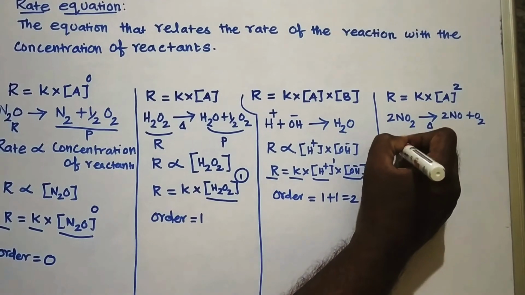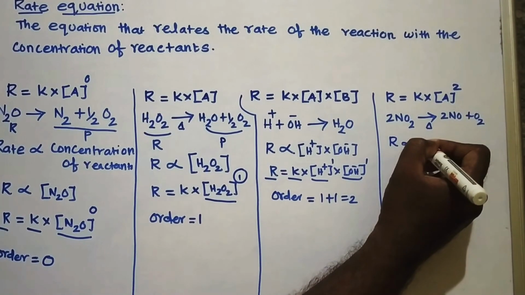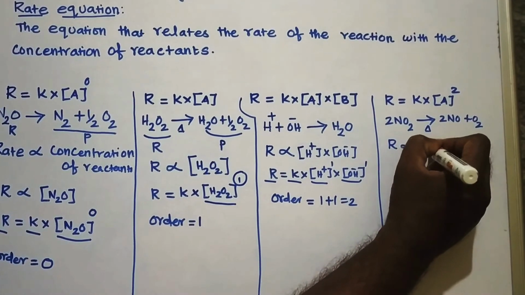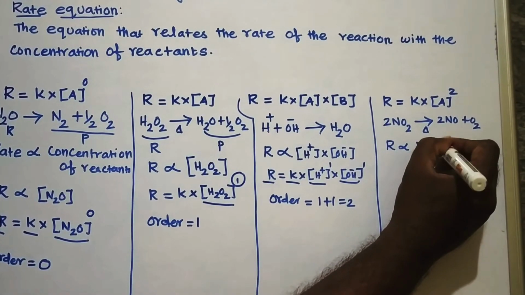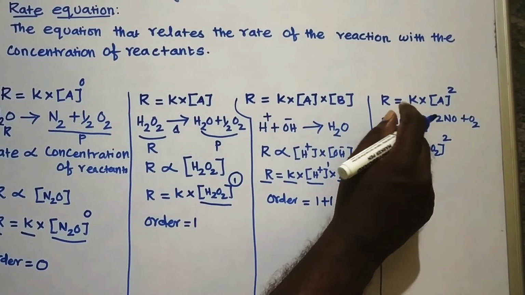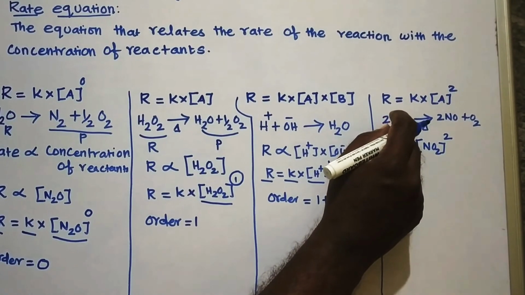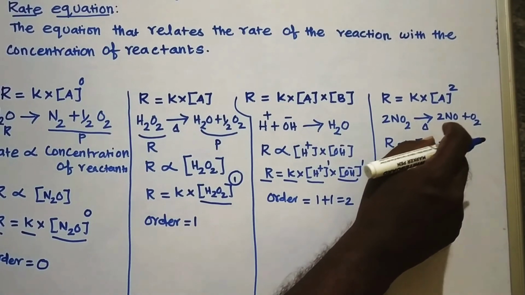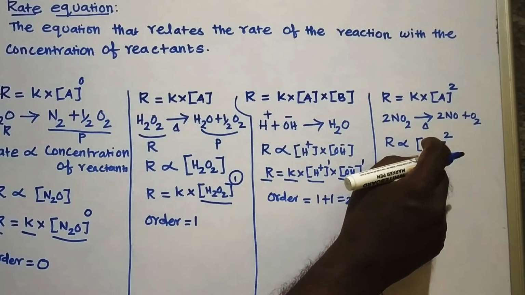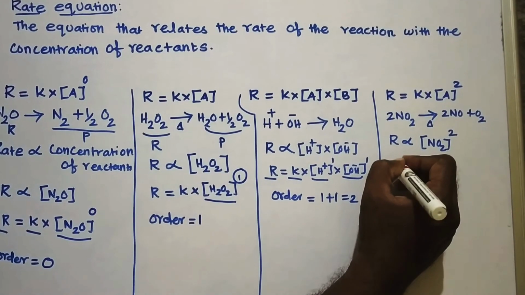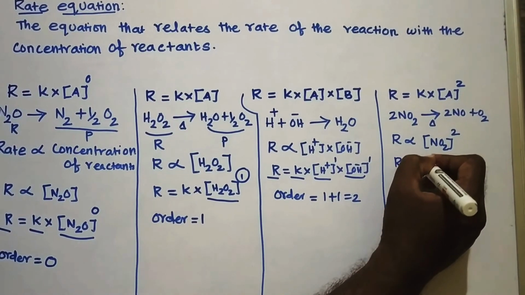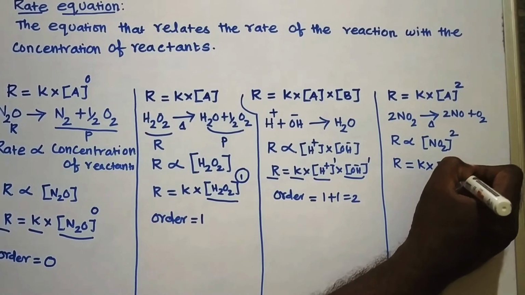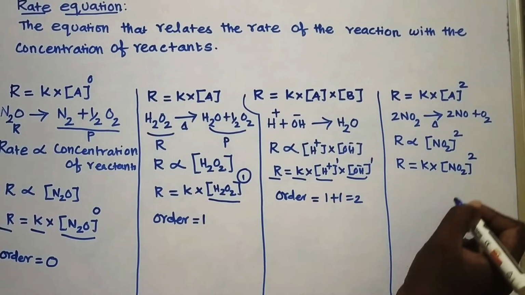For this reaction, the rate is directly proportional to the concentration of NO2 whole squared, because it is 2 times. Therefore, R is equal to K into concentration of NO2 whole squared.